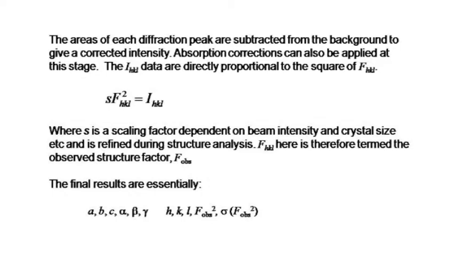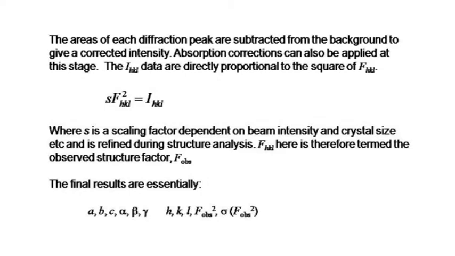So our final results that we get from the diffractometer are, first of all, the lattice dimensions, A, B, C, alpha, beta, gamma. The indexed reflection, so HKL for each reflection. The square of the intensity, FOBS squared, after it's been corrected.